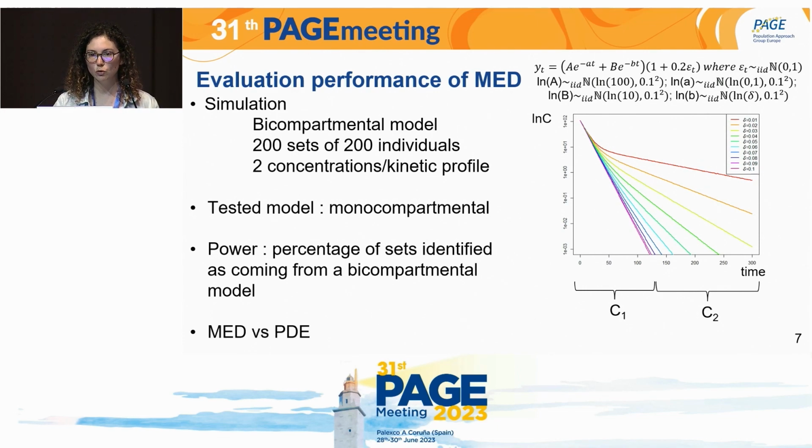We choose to compare the MED to the PDE. The PDE isn't designed to evaluate a whole kinetic profile, but it seems to be the closest graphical tool available today.